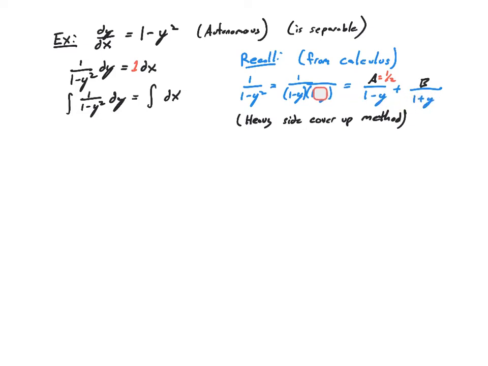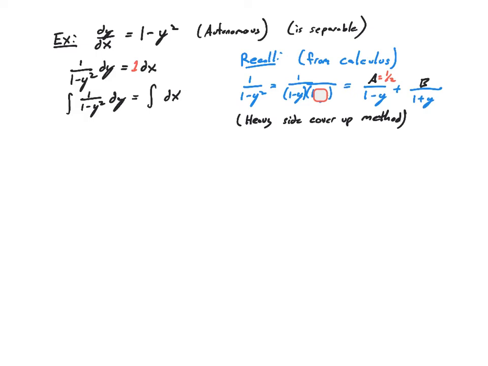Now for the B part, the denominator is going to be 1 plus y. So that's what I cover up, the 1 plus y. And the denominator is equal to 0 at y is equal to -1. So the part that I cover up, I put in -1, and I get 1 divided by 1 minus -1.